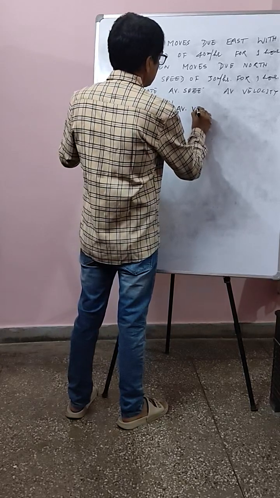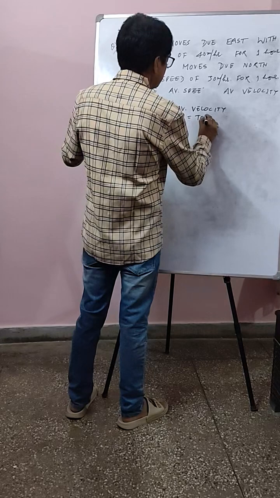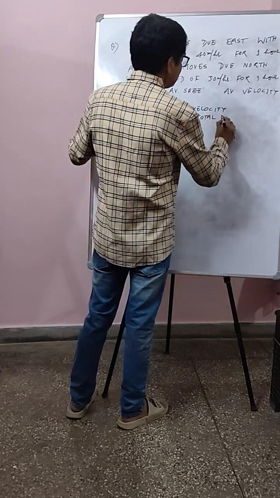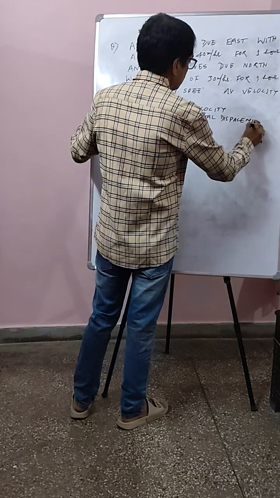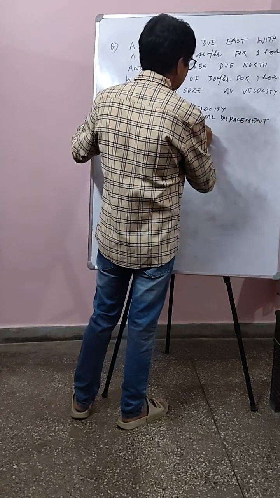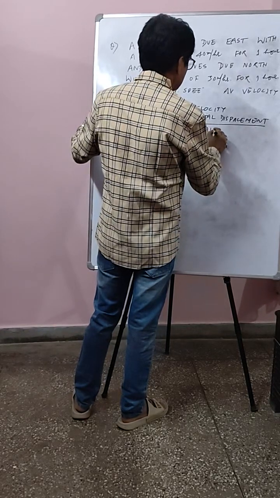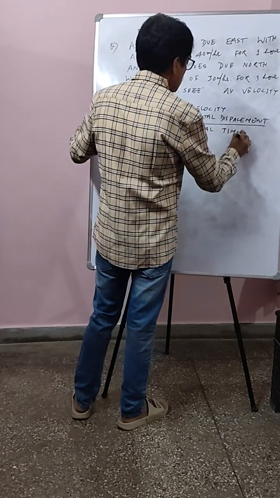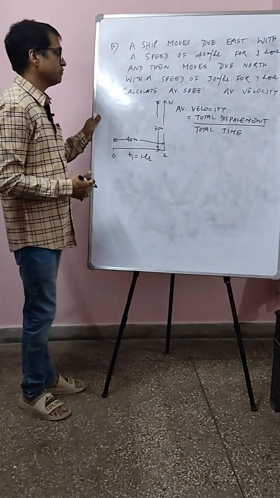Okay, so average velocity equals total displacement upon total time. This is the formula for average velocity.